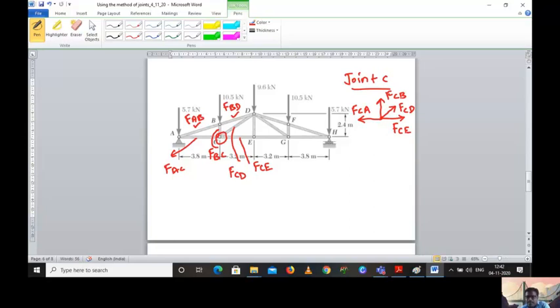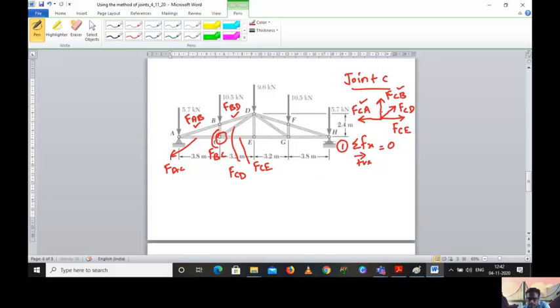We calculated FCB and FCA, so we can substitute those values to get the unknown values of FCD and FCE. First, the summation of Fx, towards the right we are assuming positive, is equal to 0.